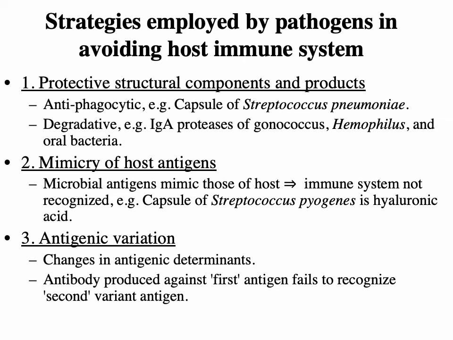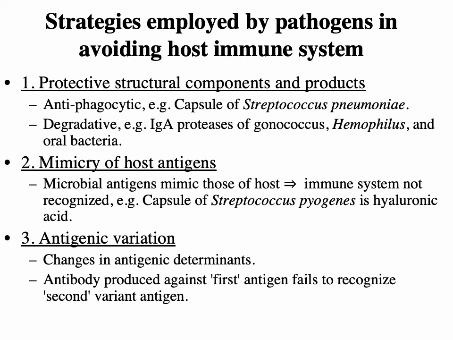Or they can produce things that destroy the immune component, so degradative properties. Like the IgA protease is a good example. IgA is an abundant immunoglobulin found in mucus secretions.